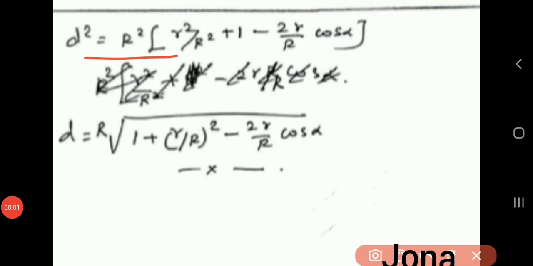Cross multiply now. So d square equal to R square into (r square by capital R square plus 1 minus 2r by R into cos alpha). So I can rearrange that inside the square root. Therefore 1 plus (r by R) the whole square minus 2r by capital R into cos alpha.